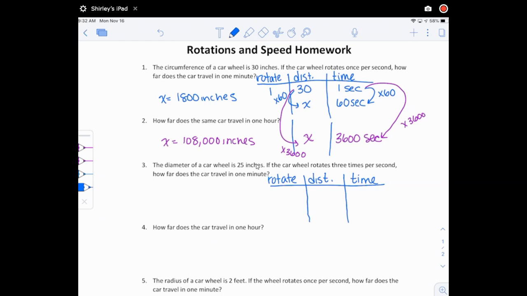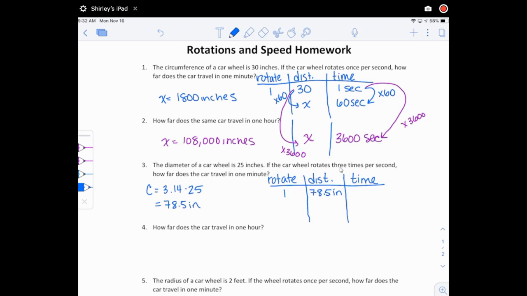And then let's just read through again to see what we know. Diameter of a car wheel is 25 inches. Distance is the same thing as circumference. So the first thing we want to do is calculate our circumference, which is pi times the diameter. So our circumference here is 78.5 inches. And again, that tells us that in 1 rotation, it's going to go 78.5 inches.